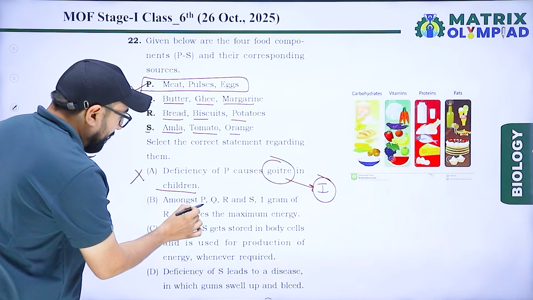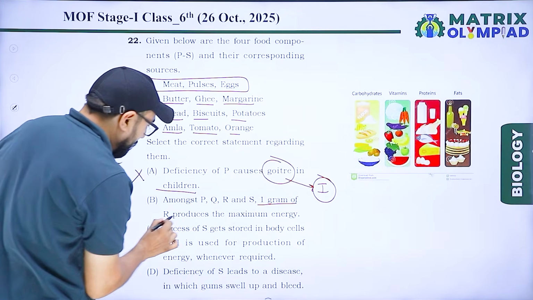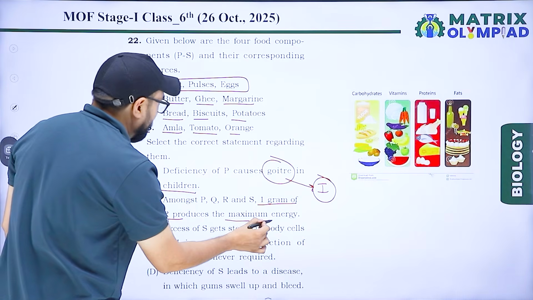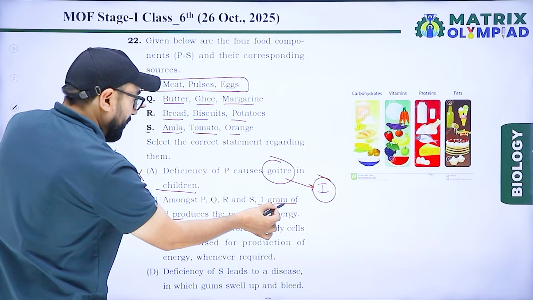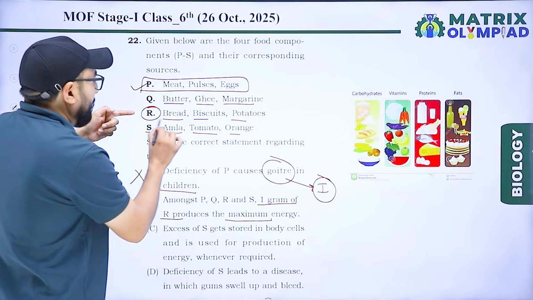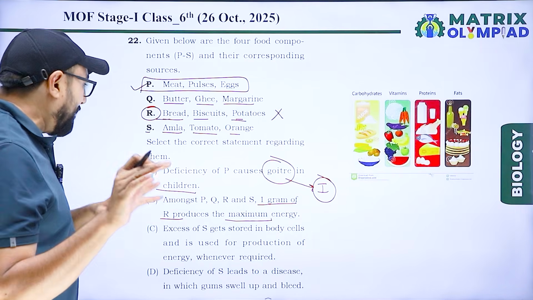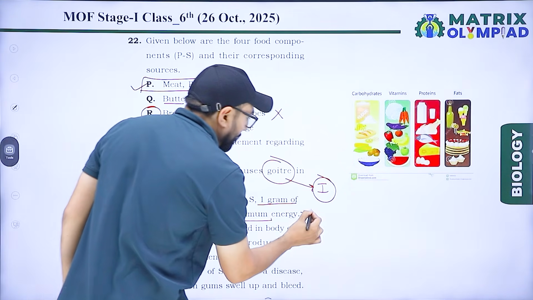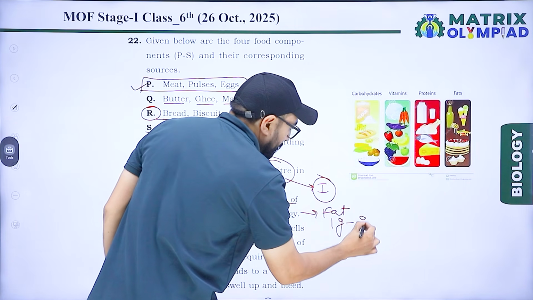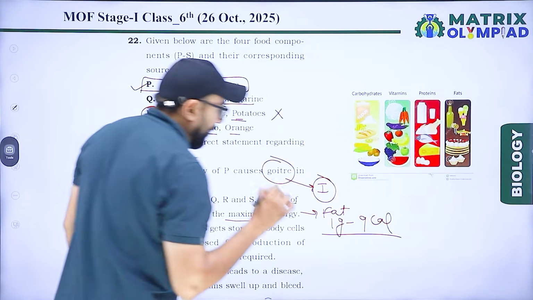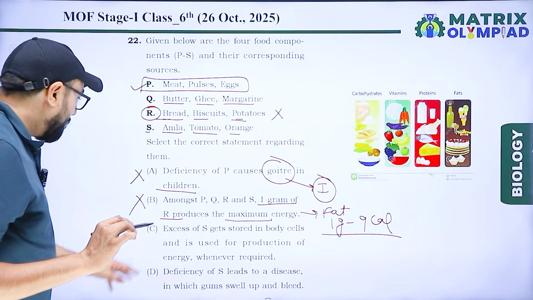B: among P, Q, R and S, 1 gram of R produces maximum energy. R is bread, biscuit, potato. That is wrong, because maximum energy is produced by fat. 1 gram of fat equals 9 calories. So option B is wrong.